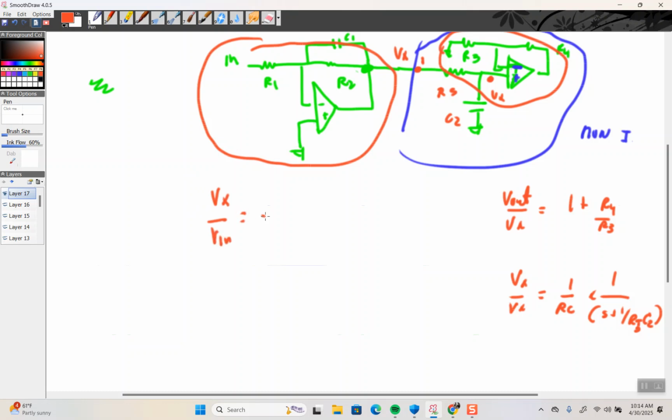Now over here, it's inverting. These two here determine the cutoff frequency, so the pole is due to these two. All right, I'm running out of time.